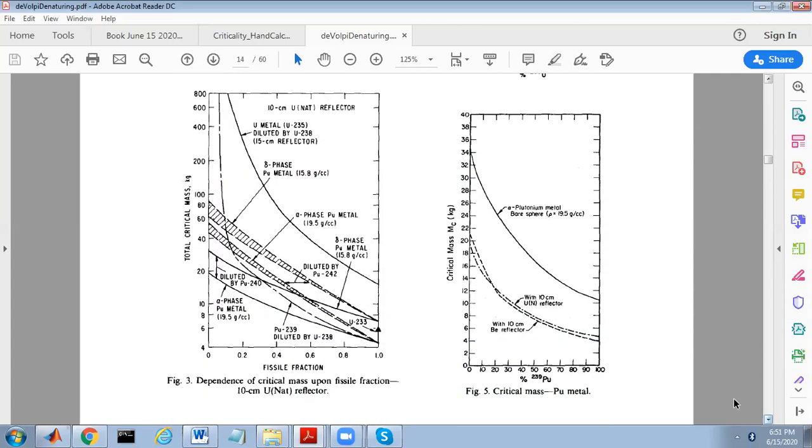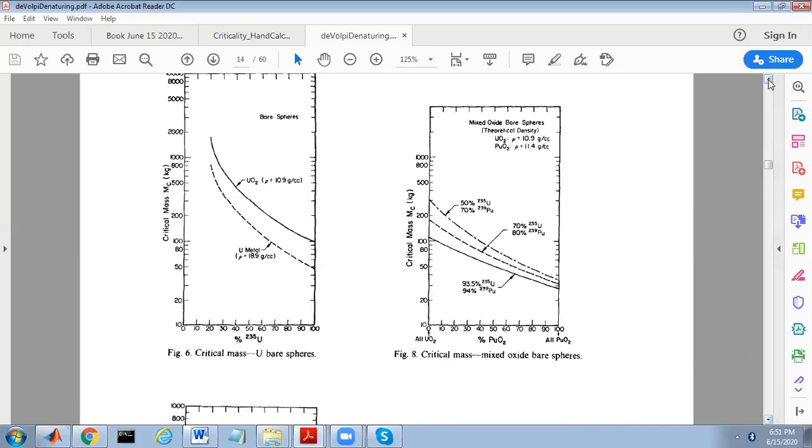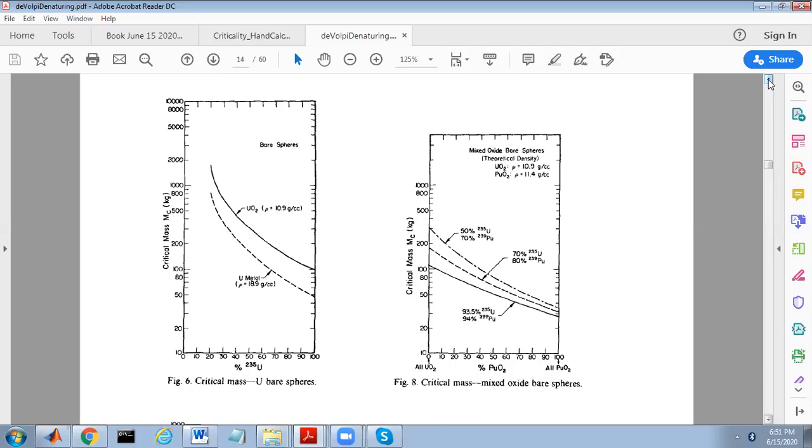Now let's look at critical mass dependence. So these are all sorts of various combinations. So this is what I wanted to tell you. I think that what you're studying has direct application in nuclear engineering to be able to calculate, and the reason I'm teaching you this is to be able to design space missions, small reactors which humans will carry to Mars or to the moon or God knows where.